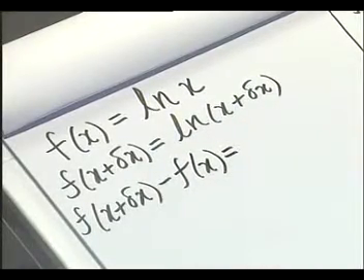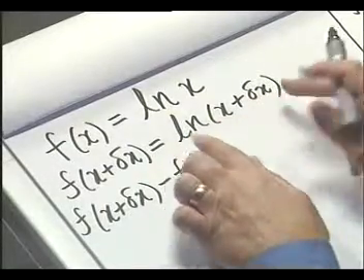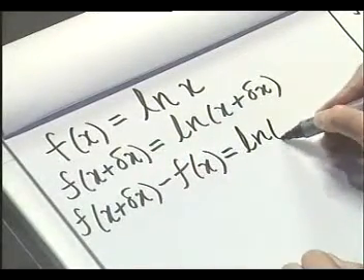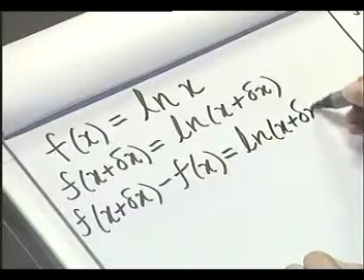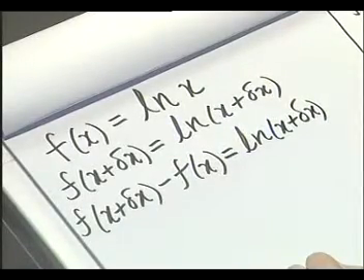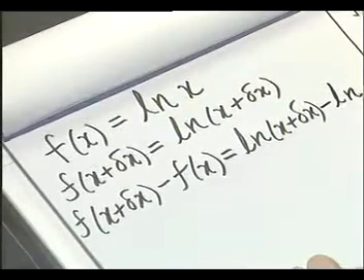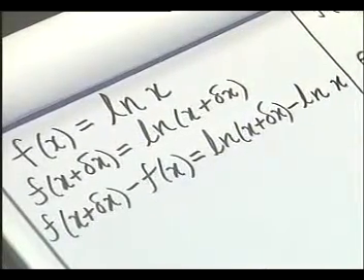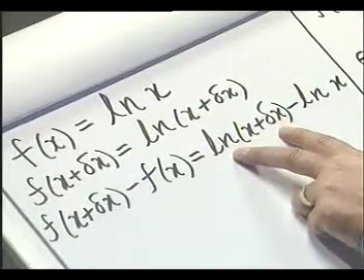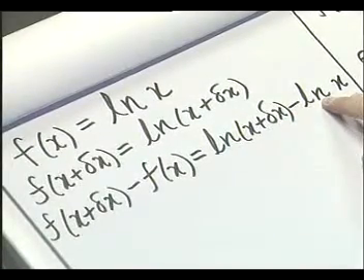What will that be? It'll be the logarithm of x plus delta x, subtract f of x, so it'll be subtract the logarithm of x. We've a logarithm minus a logarithm.